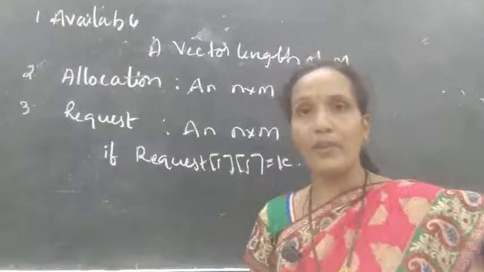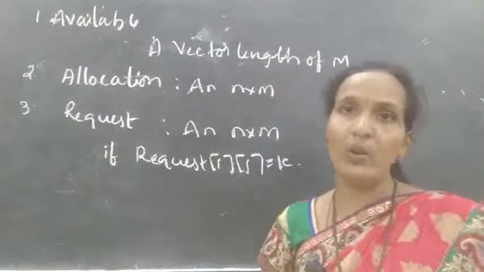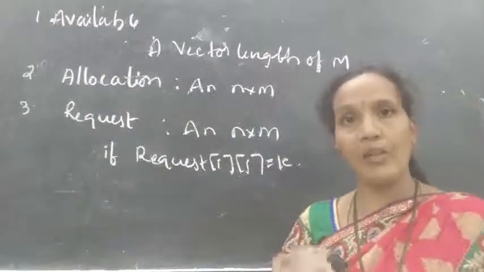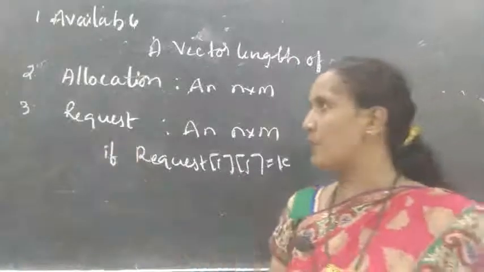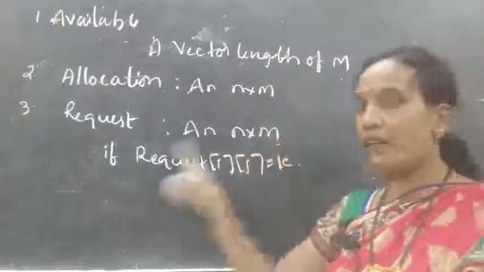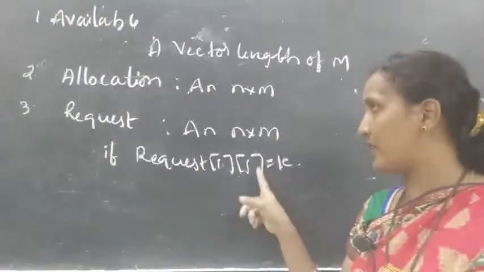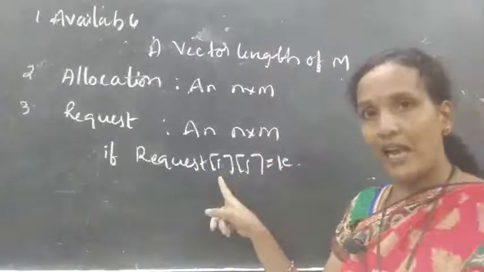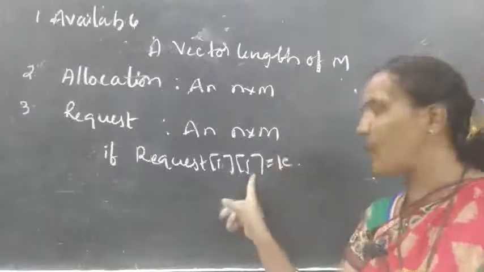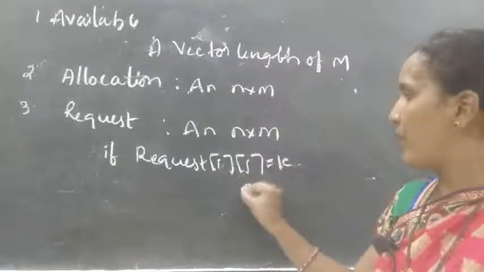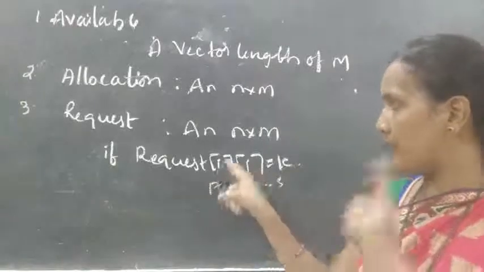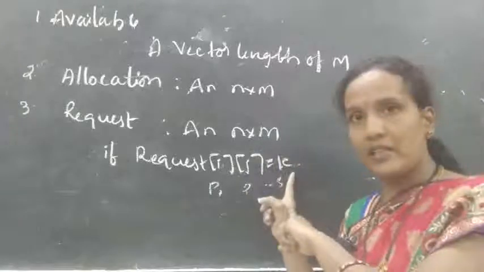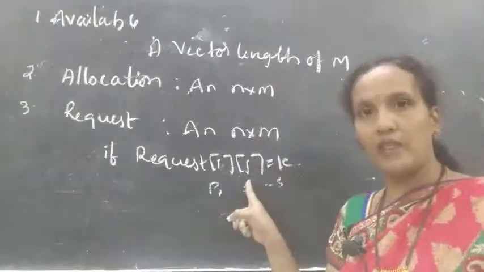Currently, how many resources are allocated to each and every process. Now come to Request, an n cross m matrix. If Request[i][j] equals k, it means process i wants k instances of resource j. For example, say a pen equals 5. A process, for example P1, is requesting 5 instances of resource type j, the resource type pen.